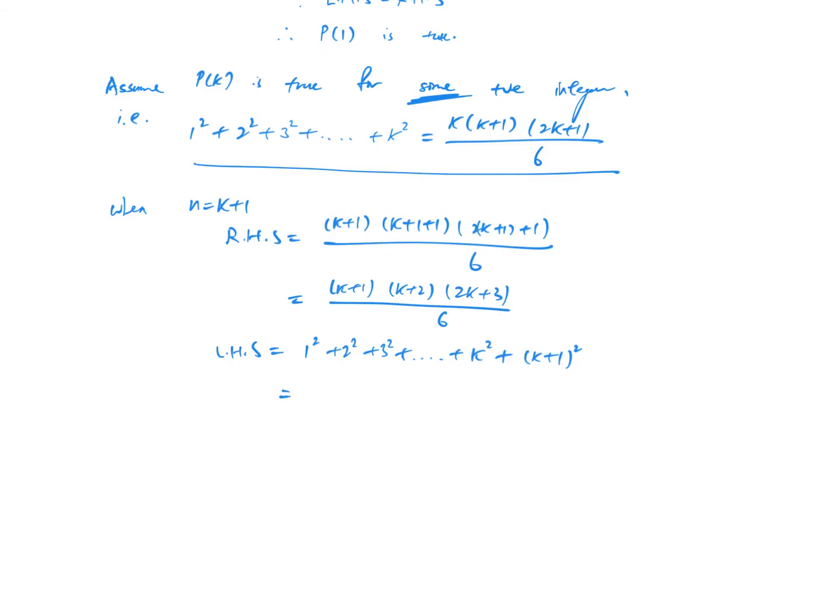According to the assumption, I need to make good use of this assumption to prove that when k is true, k plus 1 is also true. So we need to use our assumption. This first k term is equal to, by assumption, the formula, and we take the common denominator 6.